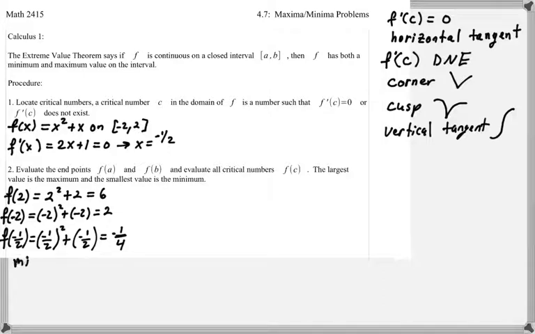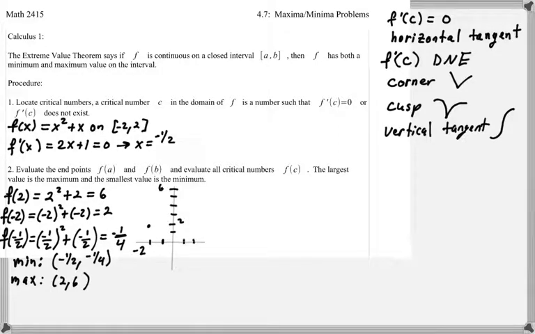So the minimum is at negative 1/2, negative 1/4, and the maximum is at 2, 6. And so we can do a rough sketch. There would be our parabola right there, restricted to negative 2 to 2.